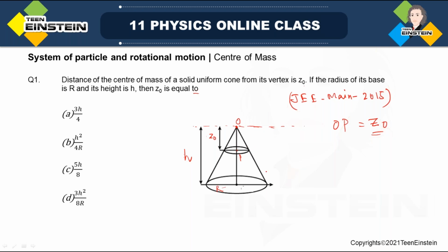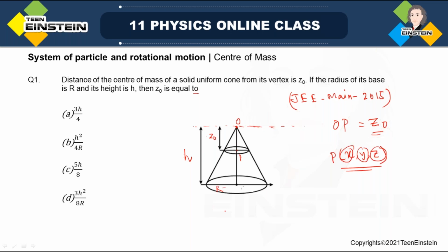If we consider this in 3 dimensions, this point P has 3 coordinates, X, Y, and Z. Suppose this is the position coordinate of the center of mass. Now, how do we find X, Y, and Z?